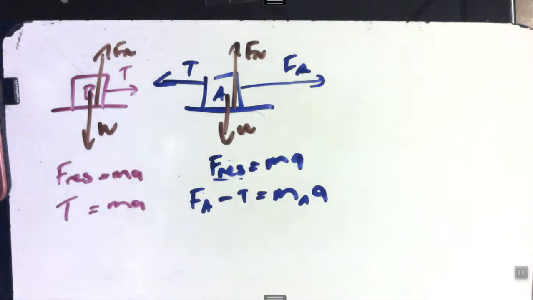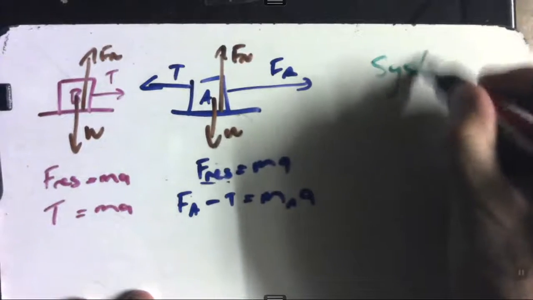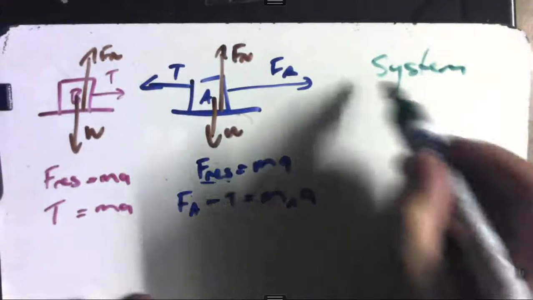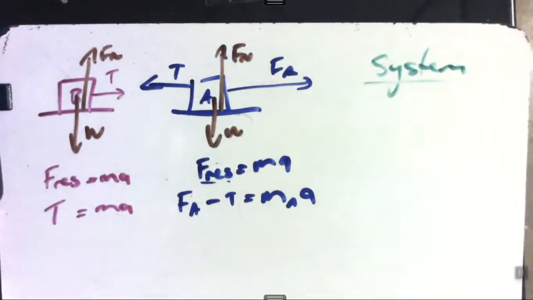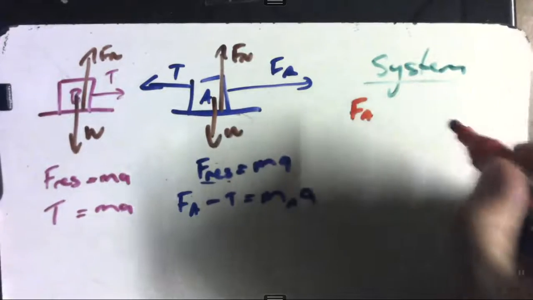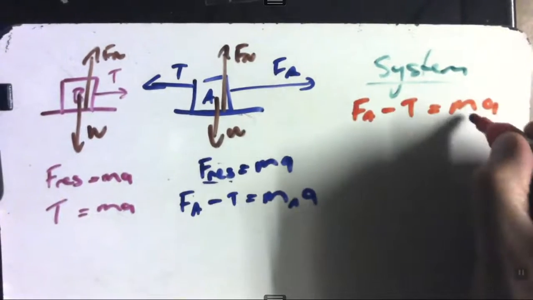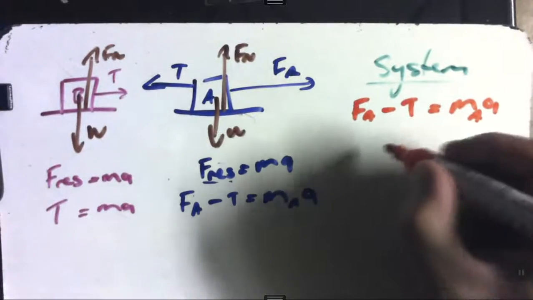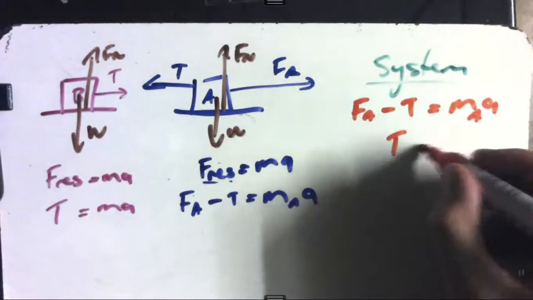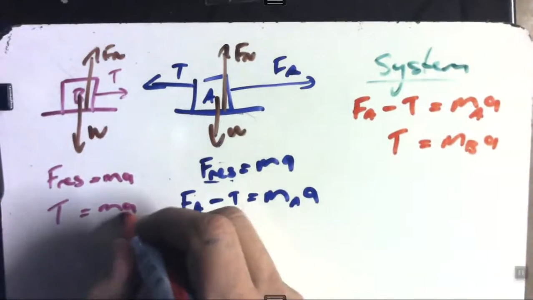But we can also go further and combine them into a system. Now, if we put them into a system, we add them together. Okay, so this means that I put block A, that's the mass of A, and then I put B, that's the mass of B. Forgot to put it here.